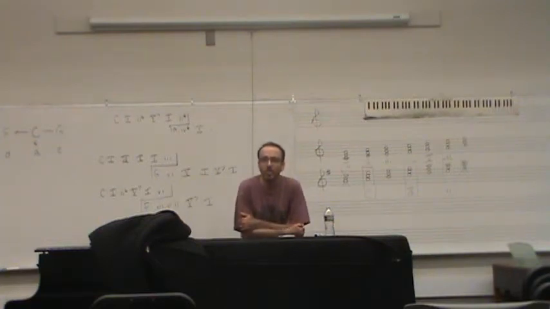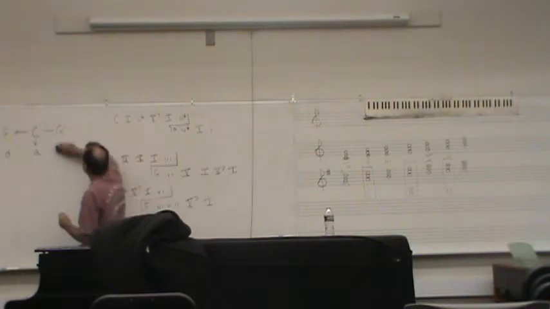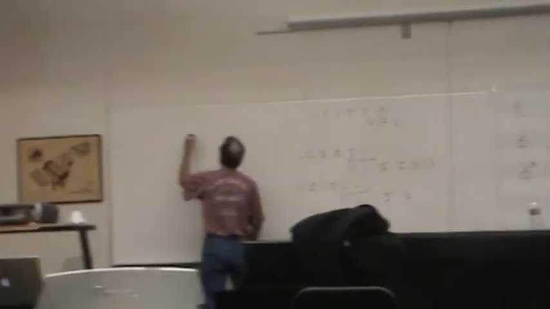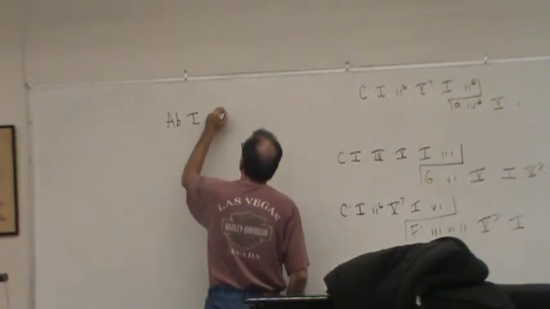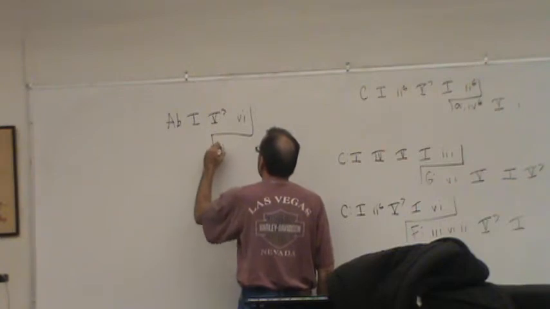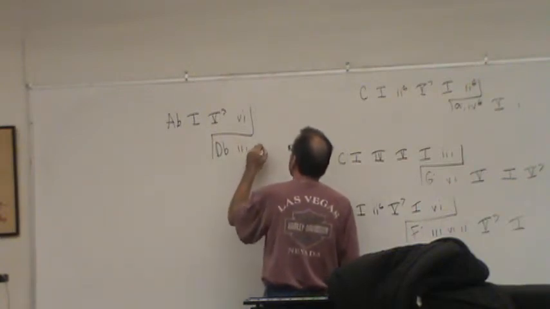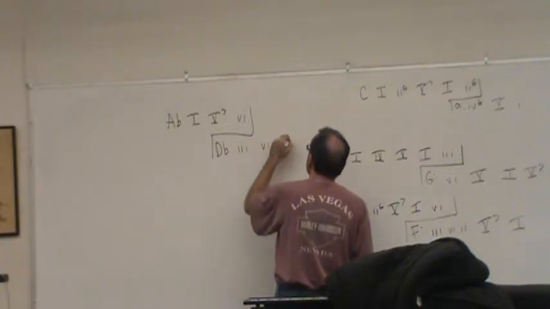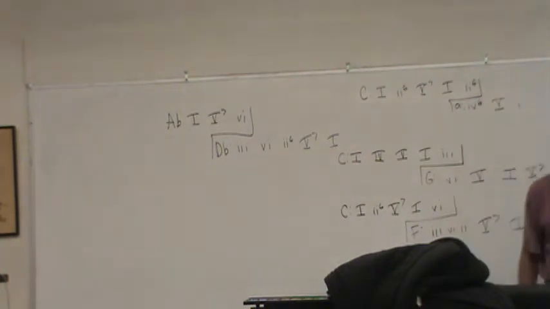So in A flat, the progression is 1, 5, 7, 6. And then in the new key, D flat, that becomes 3. And then our progression after that is 6, 2, 5, 1 in D flat, isn't that right?